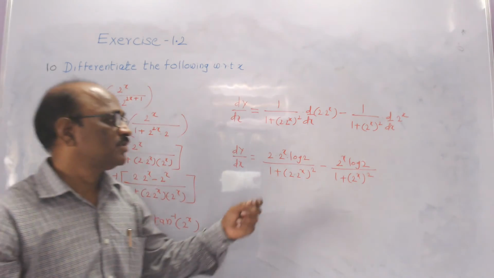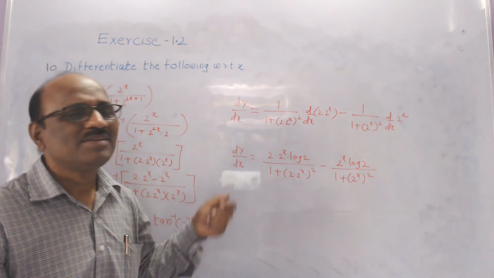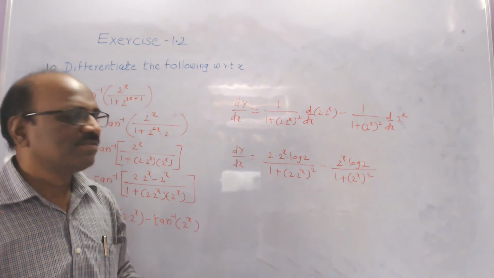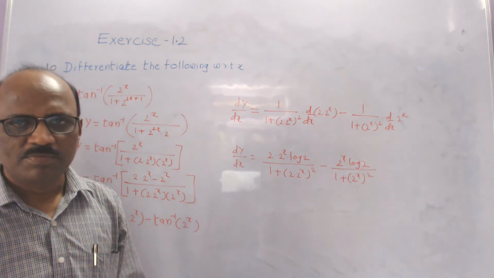You can take 2 raised to x log of 2 as common, and then you can simplify to whatever answer is given in the textbook. Okay, now the next problem.